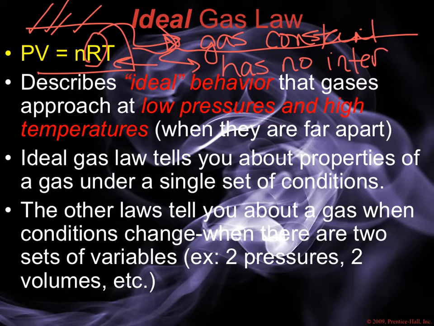That means there are no attractive forces and no repulsive forces. That assumption's pretty valid under most conditions because gas molecules are so far apart from one another. That assumption about no interactions especially holds true under the conditions of low pressure and high temperature.